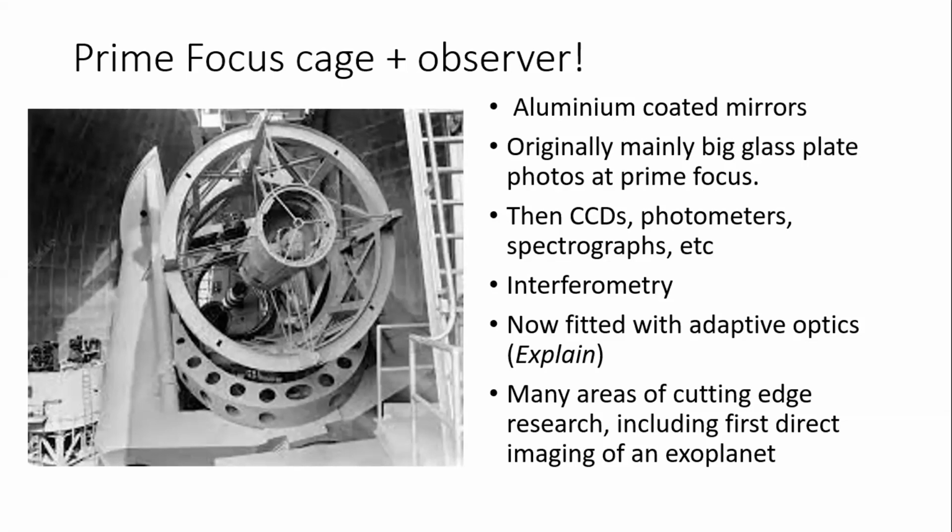So putting it very, very simply, if the image of the star moves slightly to the left, you bring it back again, it tilts the mirror slightly the other way. It's a lot more complicated than that. But the point is that a special detector intercepts the light coming down from the star, and in real time it says to the computer, the star image is distorted in such and such a way.